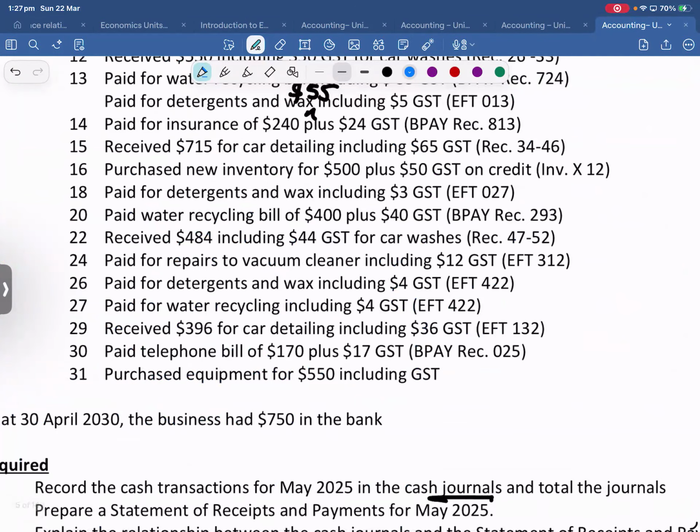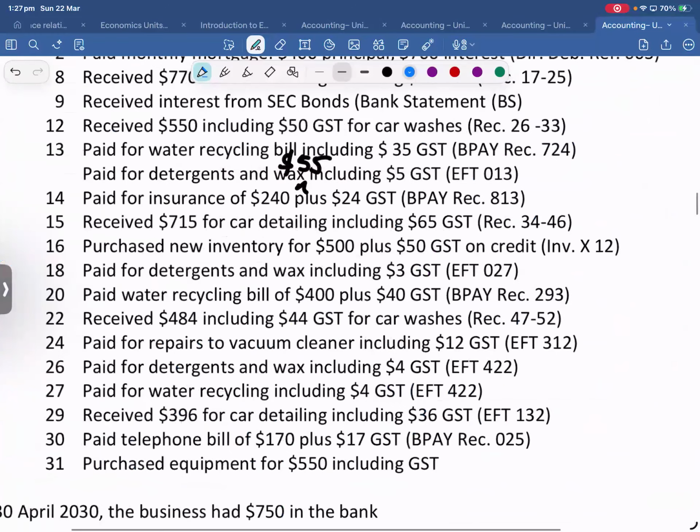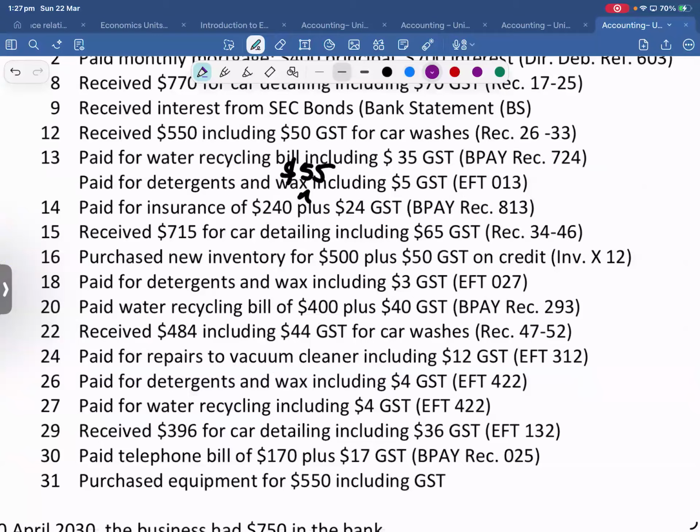Purchase new inventory 500 plus GST on credit. Right now, this one. Where do you think you record this payment? Now, you know what this one means? On credit means we purchase something, but we don't pay money at the purchase.